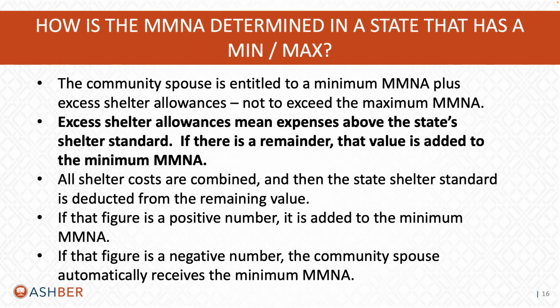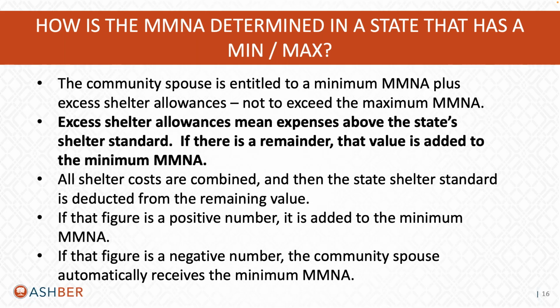Like I talked about before with the range, from the minimum to the maximum. Essentially, excess shelter expenses or shelter allowances means expenses above the state's shelter standard of $793.13. That remainder is going to be added to the minimum MMNA to get our real MMNA for that particular client.